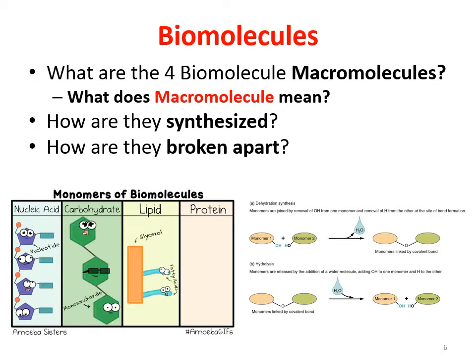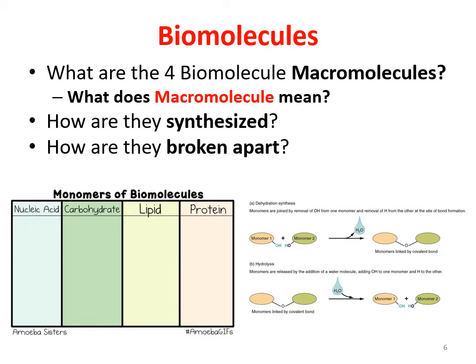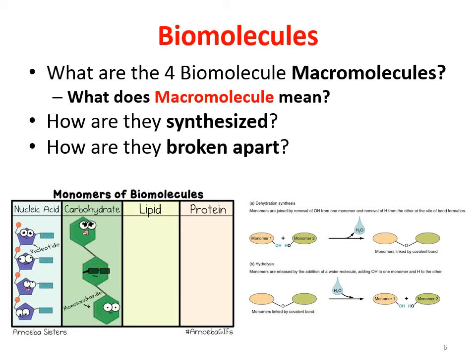Now, these guys are synthesized and broken apart just like we mentioned in the previous lectures, which is through water, either removing water or adding a water molecule, so H2O. And you see that down here. So biomolecules, which are big macromolecules, are put together by dehydration synthesis, meaning removing that OH and H to make a bond.